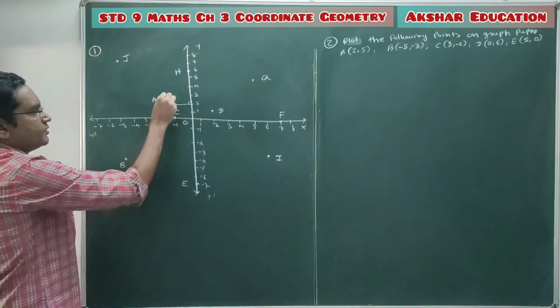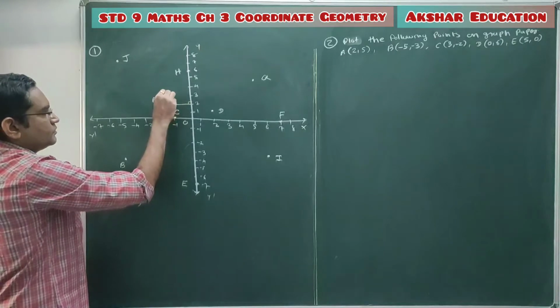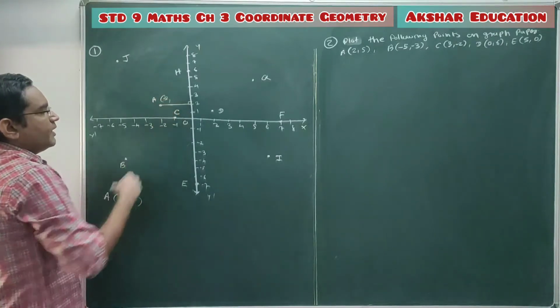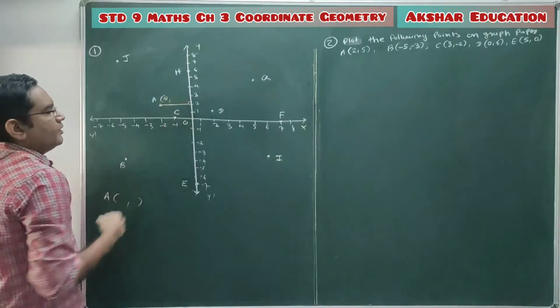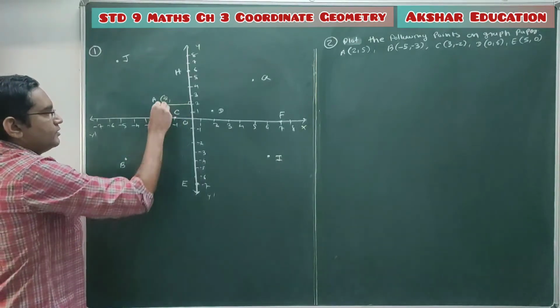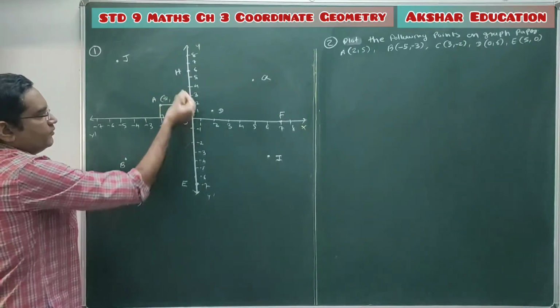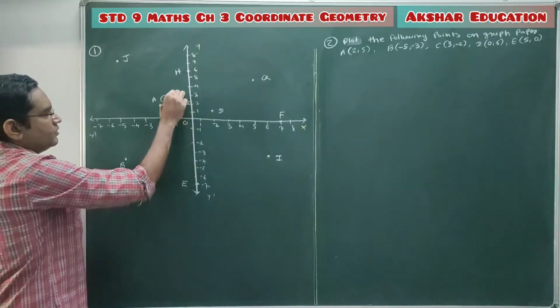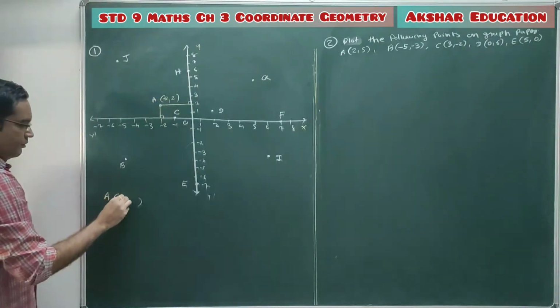So 2 unit distance is there. So we can say minus 2 in the left direction, and y coordinate means distance from the x axis. So distance from the x axis is in upward direction by 2 units. So it's a 2. So coordinates of this point A are minus 2, 2.